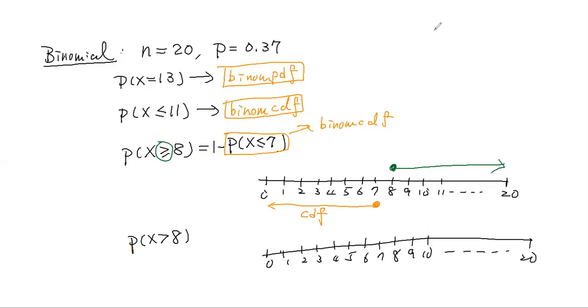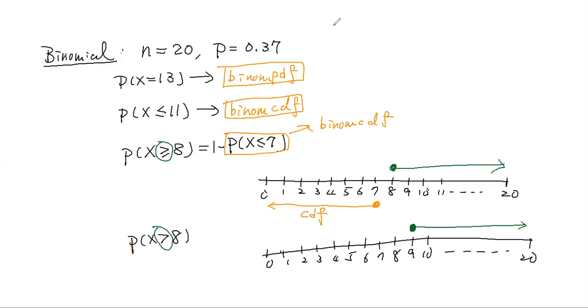Greater than 8 means 8 is not included. So really I'm looking for greater than or equal to 9, because this one does not have an equal sign. So it's greater than or equal to 9 because 8 is not included.